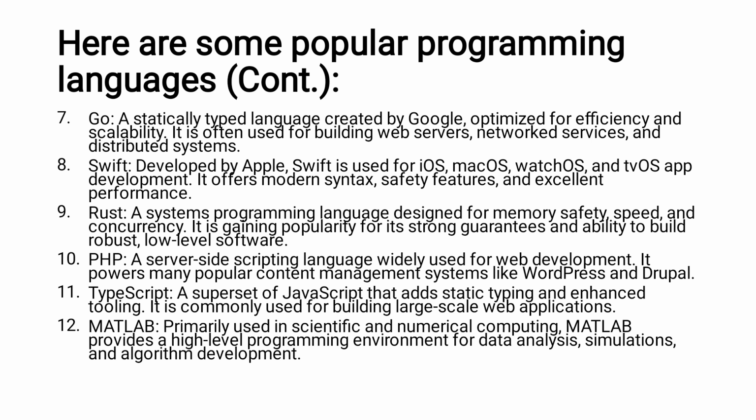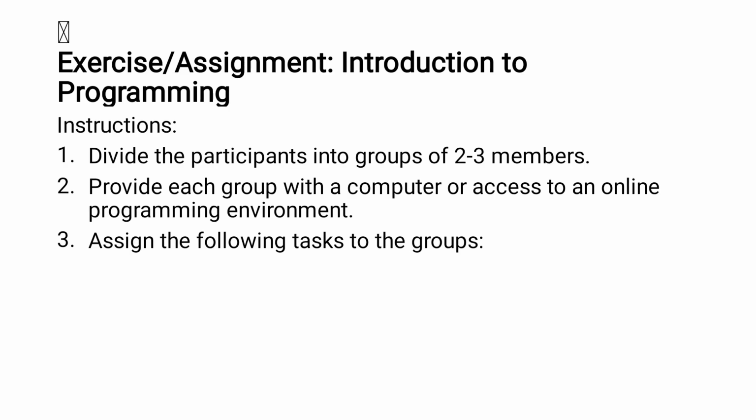It powers many popular content management systems, and these are WordPress, Drupal, Joomla, and many others. So those are basically a list of some programming languages that we are going to interact with.